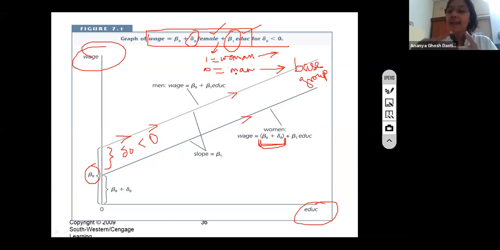An extra year of education gives the same extra wage to men as to women. That is what we are getting through this model. Now, this is not the only thing that we can do using dummy variables. We can actually allow the male and the female regression lines to be totally different. How? Let's look.